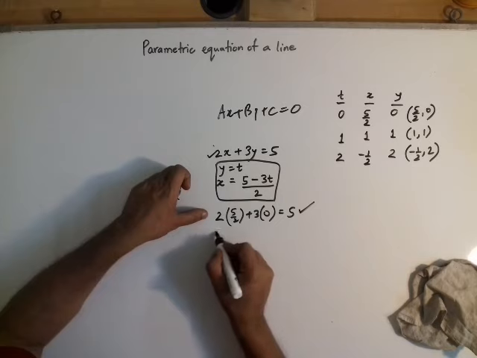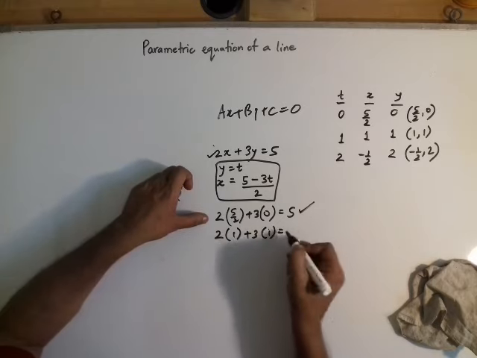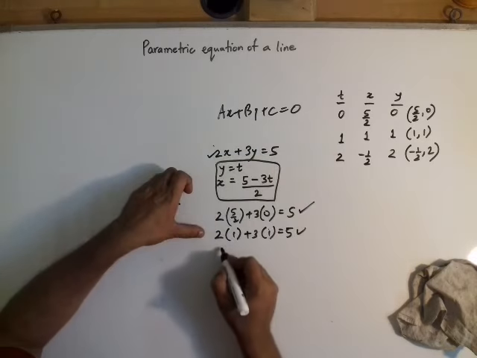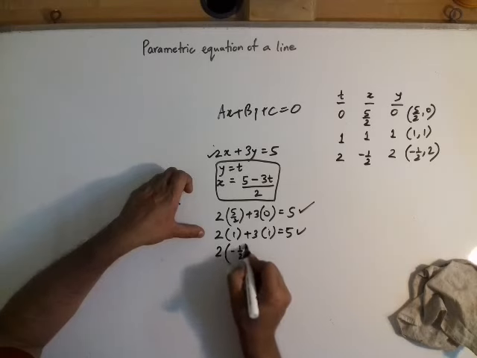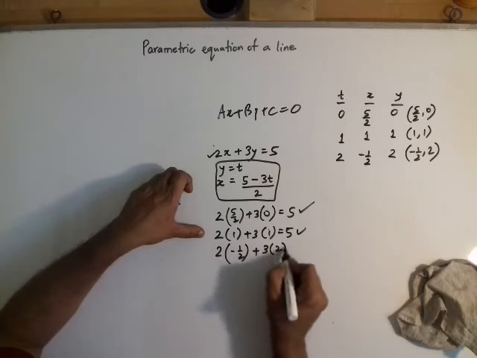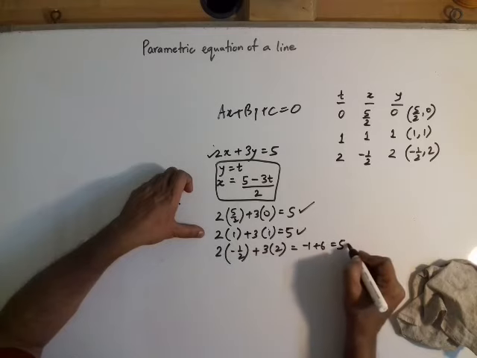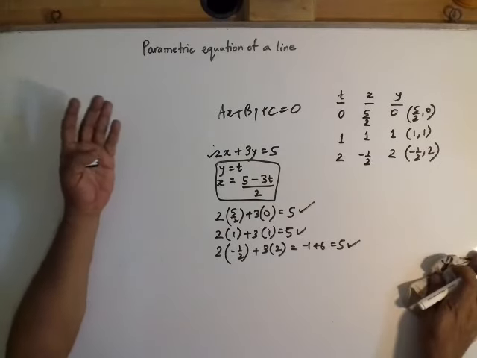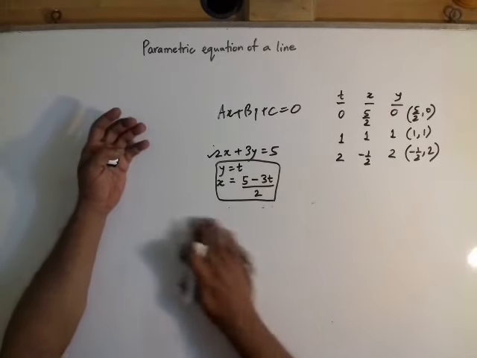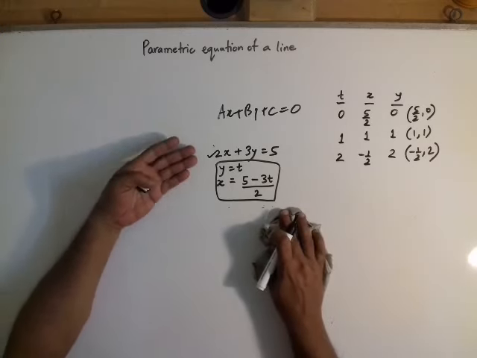Take (1, 1): 2 into 1 plus 3 into 1, obviously this is equal to 5, satisfies this equation. 2 into minus half plus 3 into 2 is equal to minus 1 plus 6 equal to 5, satisfies the equation. Obviously it was going to, so please understand that.